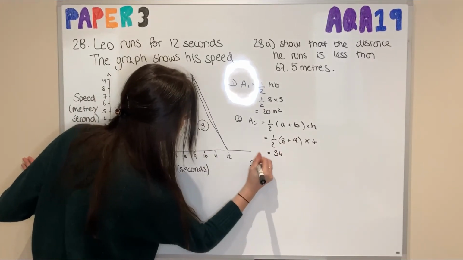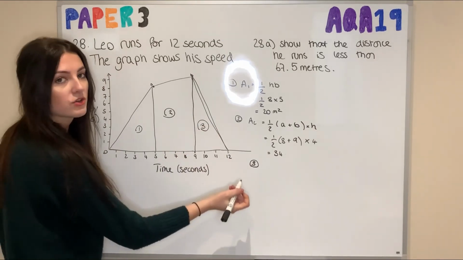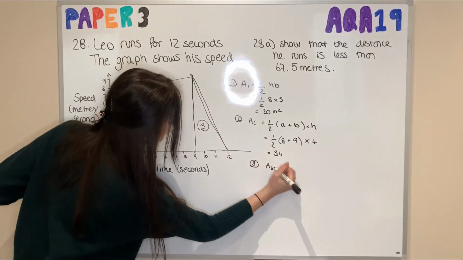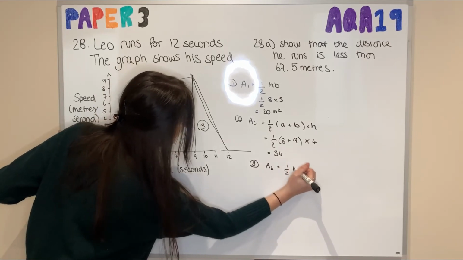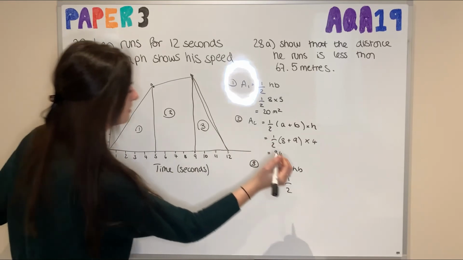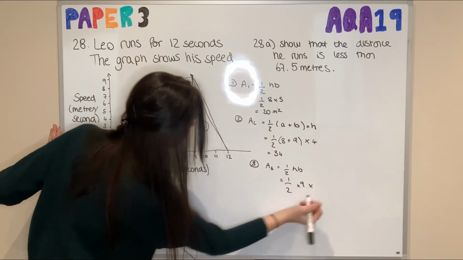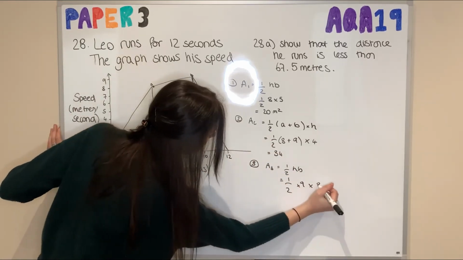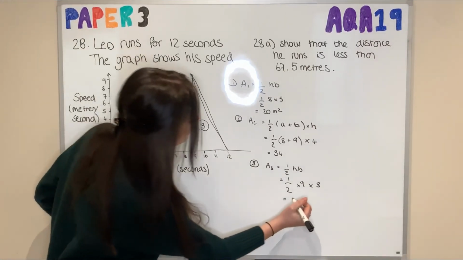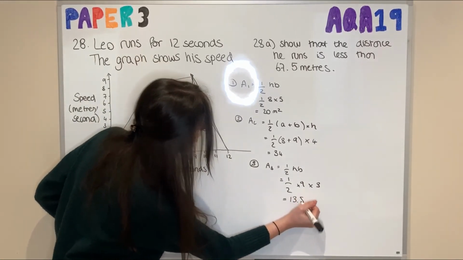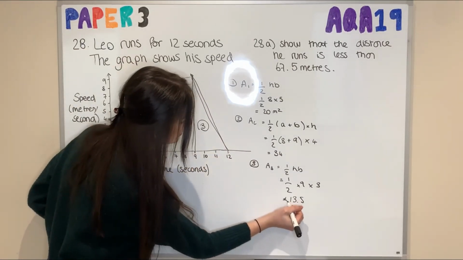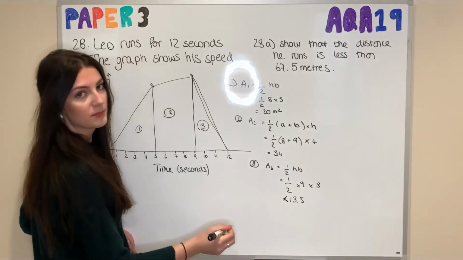Then we move on to our third triangle. We use this equation again. A3 this time will be half HB. For this one we use the height, which is 9, and the length, which is 3. This gives us 13.5. However, since this is an overestimate of this triangle, it is actually going to be smaller than 13.5.